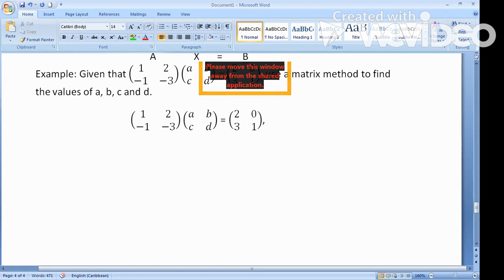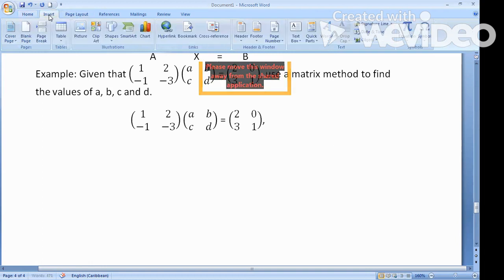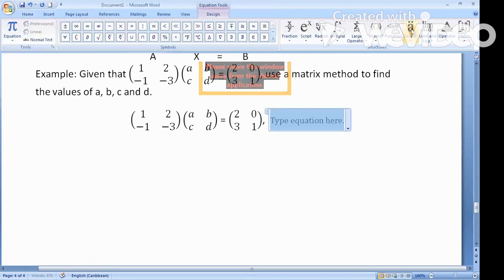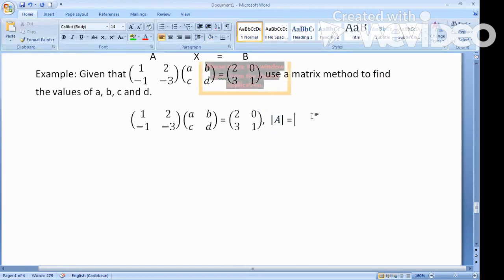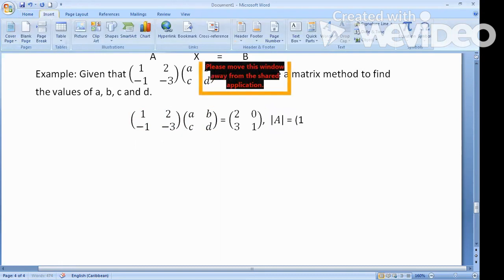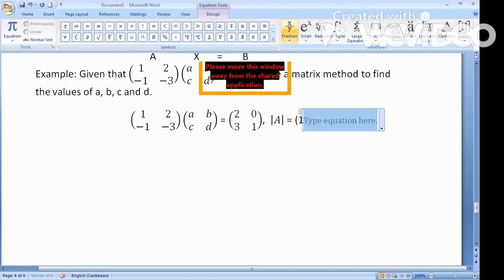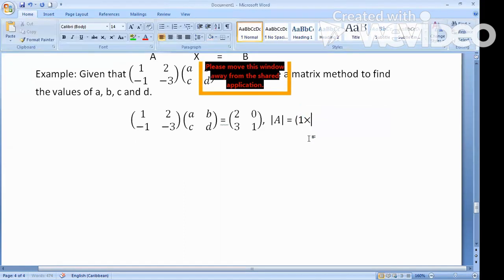So the determinant is A. So you're going to multiply the leading diagonal, which is 1, times -3.